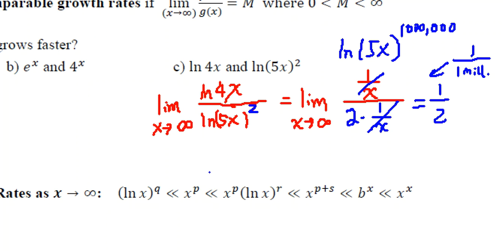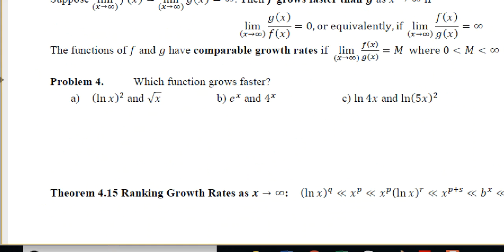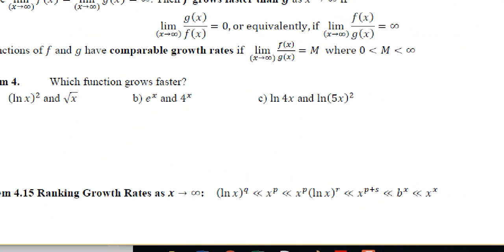So this is it. At the end, let's read through Theorem 4.15, the ranking among those popular, famous functions. Natural log raised to any power, the whole quantity raised to any power, is growing very slowly. You can even look at the graph. They grow like this, very slowly.